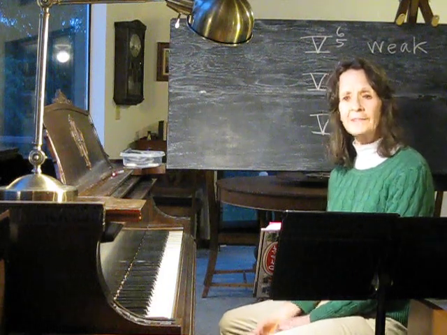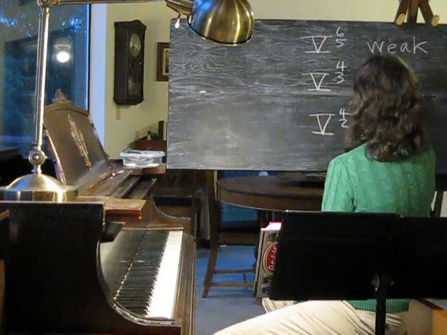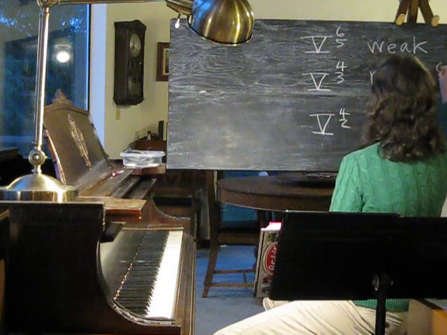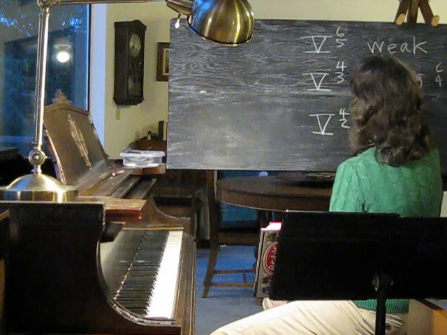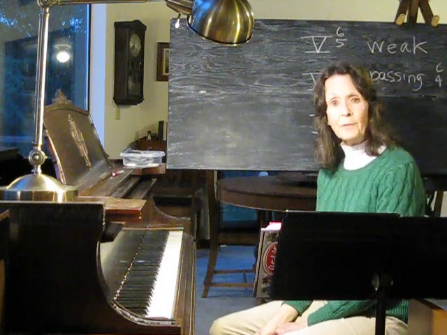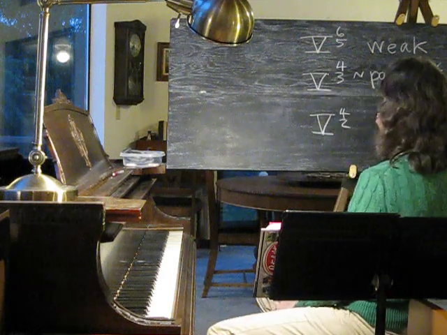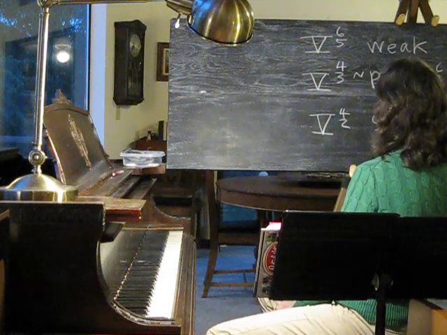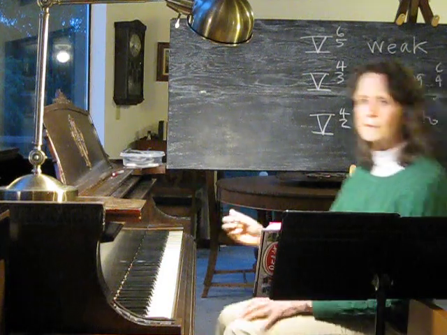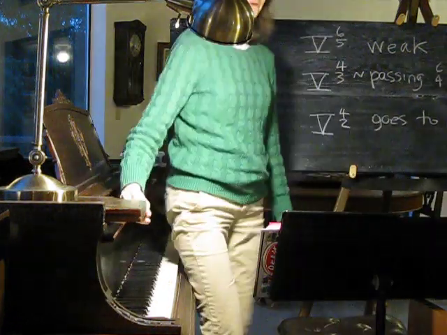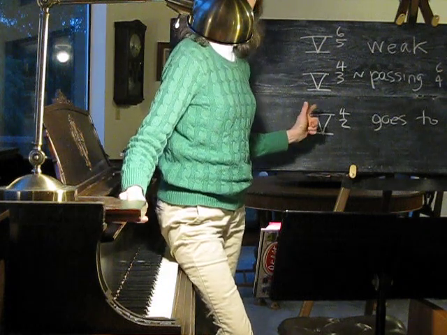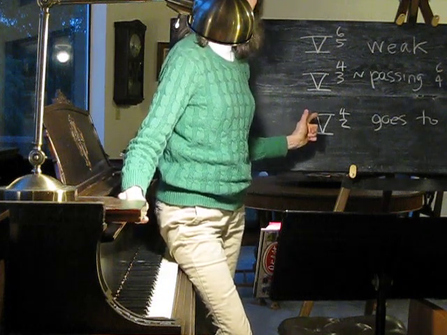That's as a passing chord, I'll say like a passing 6/4. And the 5/4/2 goes to a 1/6. Okay? So there you have the 3 characteristics of the inversions of the 5/7 chord.